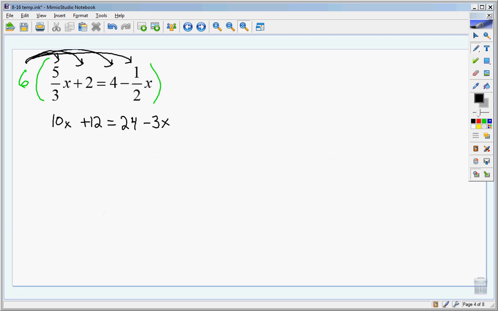Everything is simplified, so I'm going to move things so I can get my variables together. X is larger on the left, so I'm going to get rid of the one that's on the right. And I'm going to add 3x to both sides.